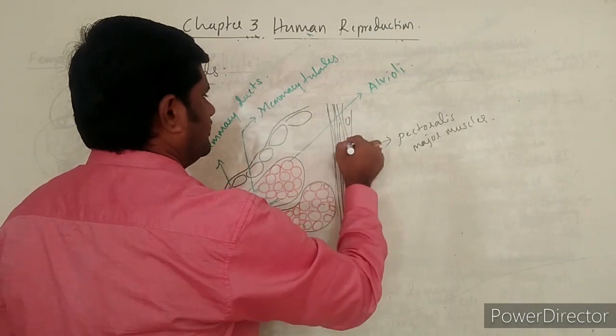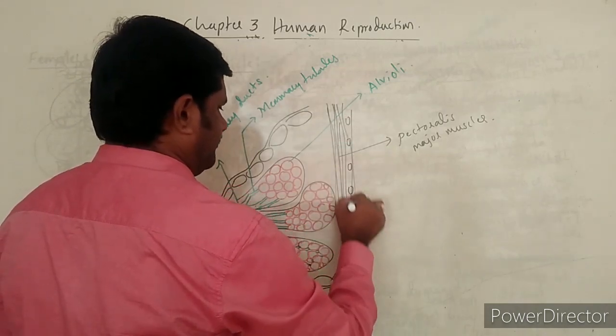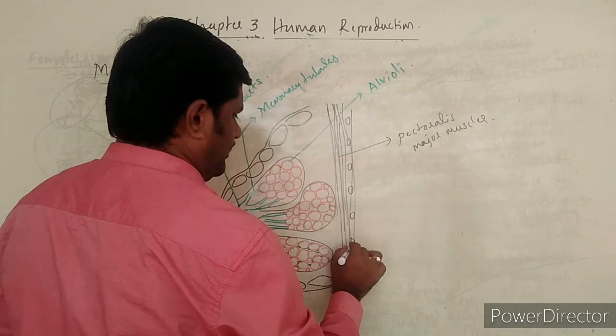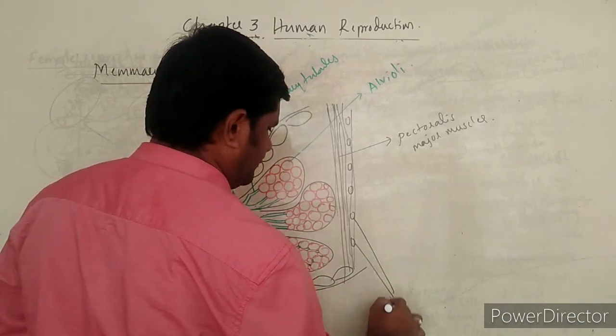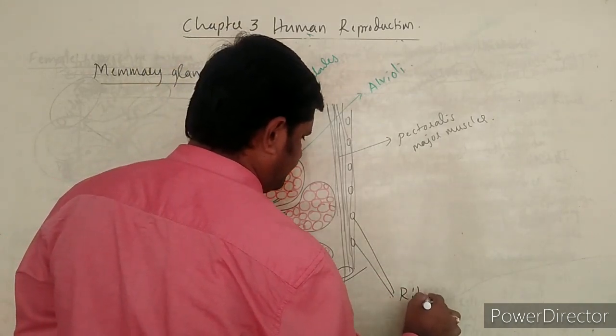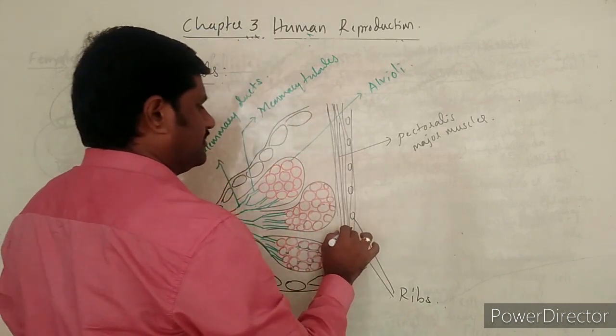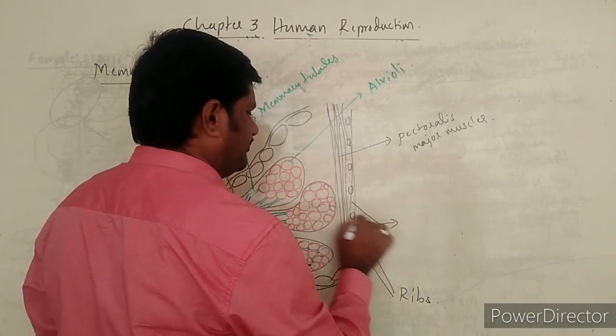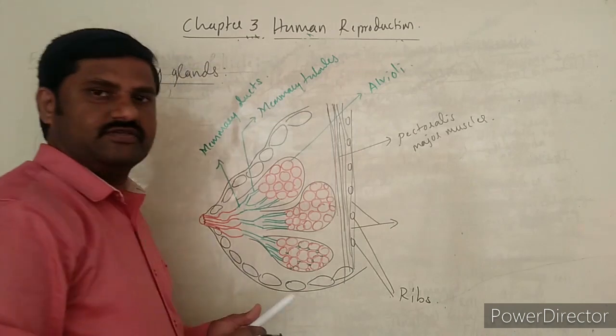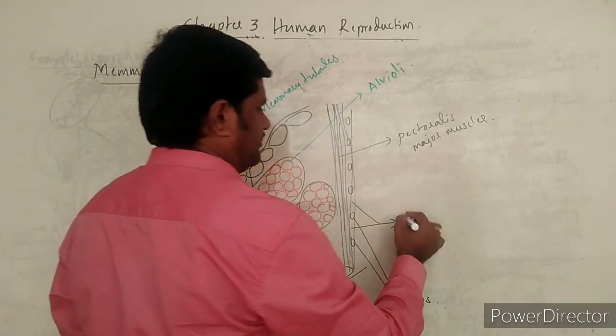Along with that, you come across this kind of rounded structure, and these are nothing but the ribs. In between the ribs, there are certain specialized muscles called intercostal muscles.